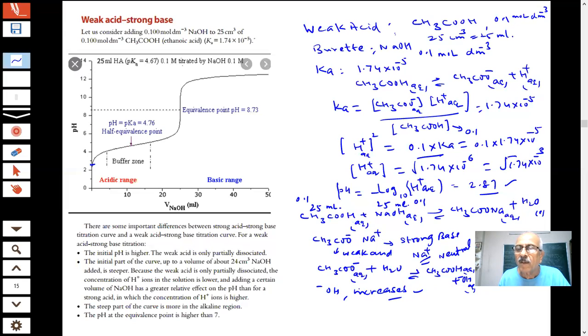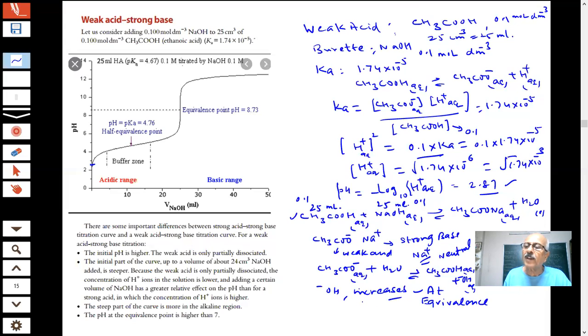Yes or no? And what is the result? You are getting a salt made up of a conjugate base which undergoes hydrolysis to produce a higher concentration of OH minus at the equivalence point.